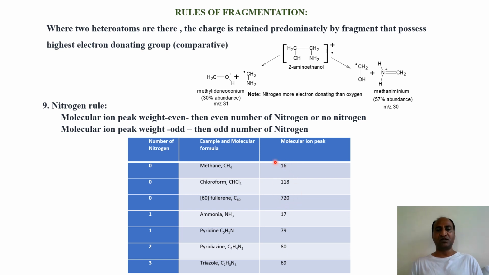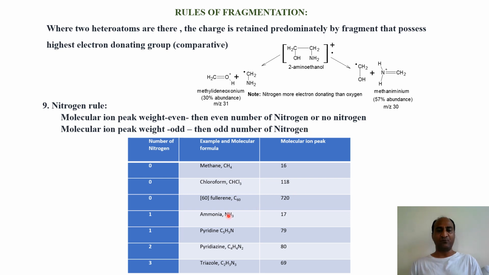When the molecular weight is even, it has an even number of nitrogens. It means that the molecular weight of pyridazine, where there are two nitrogens, is 80. That is an even number. Similarly, when the molecular ion peak weight is odd, then an odd number of nitrogens is present.